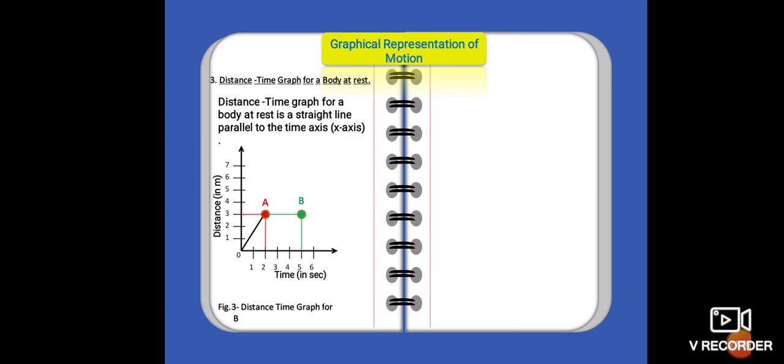Now look at the picture. If any object moves from 0 point to point A, it travels or covers some distance, but from point A to B, time passes from 2 seconds to 5 seconds, but distance remains constant. यहाँ पर A से B तक में हम जब देख रहे हैं तो यहाँ पर डिस्टेंस इंक्रीज और ना ही डिक्रीज हो रहा है.